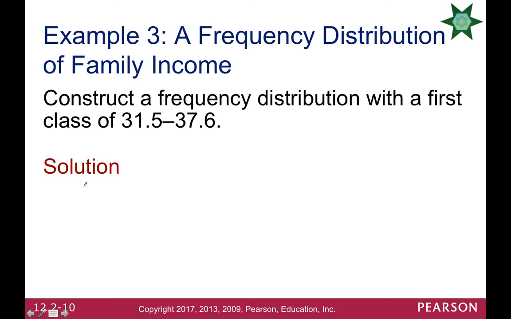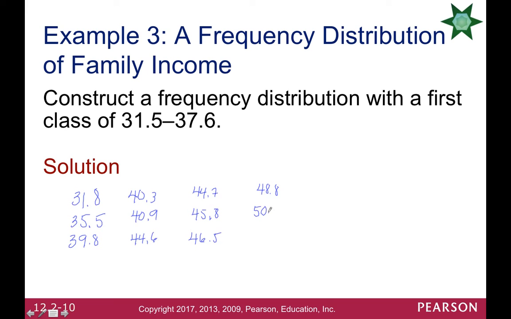So I'm going to rearrange all the ones on the previous slide. So hopefully you guys have that printed out, and I'm going to write them in order. The first one is going to be 31.8. Okay, the next one is 35.5. The next one's going to be 39.8. Then we have 40.3, 40.9, 44.6, 44.7, 45.8, 46.5, 48.8, 50.7, 52.4, 53.7, 56.3, and then 65.2.